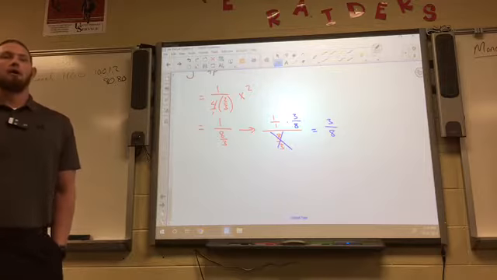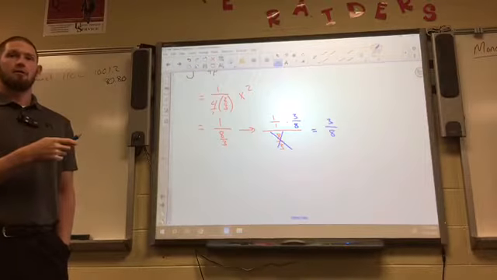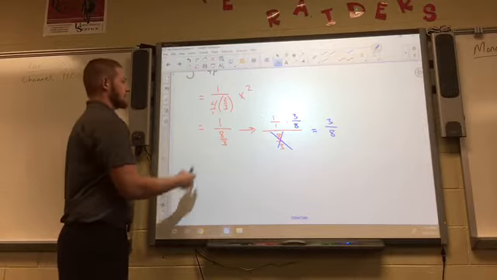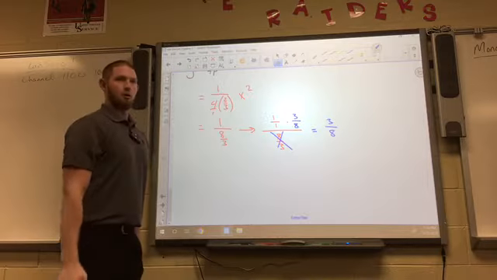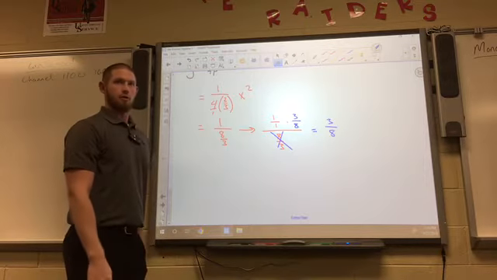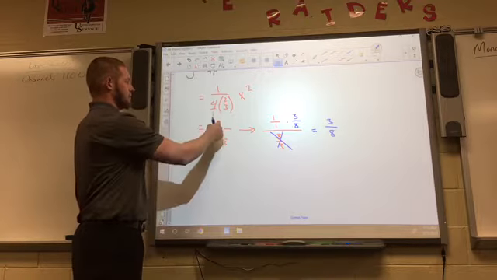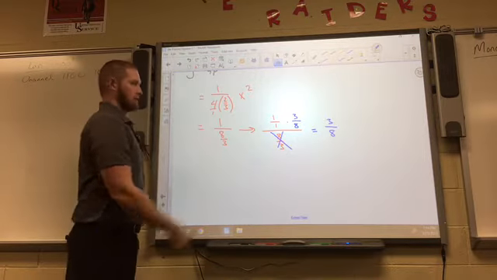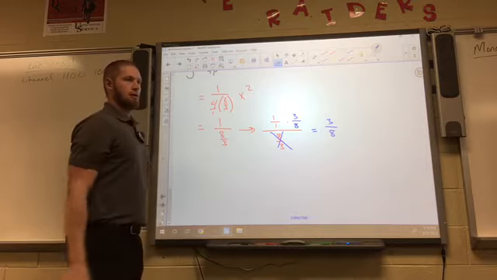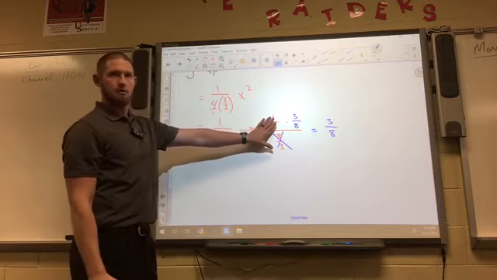Now, in this case, that top number is always going to be a 1, that's part of our equation. So instead of going through all that work, if you have 1 over a fraction, just flip your fraction. This is why it works.